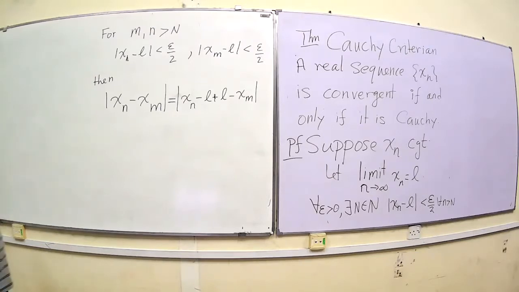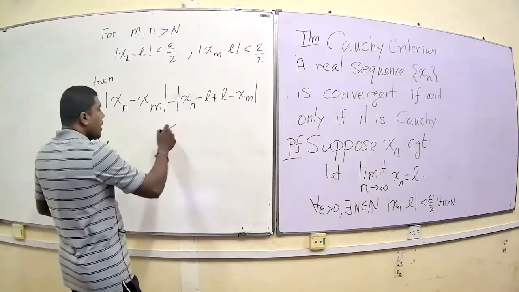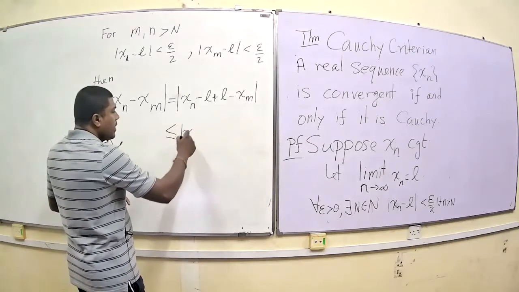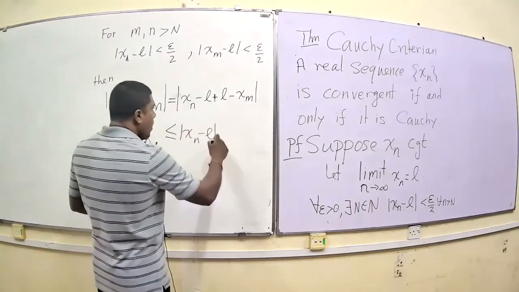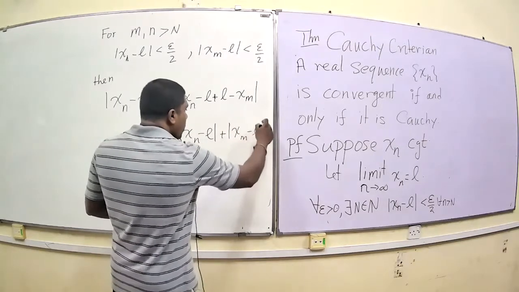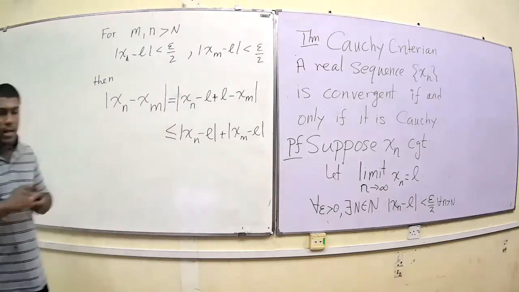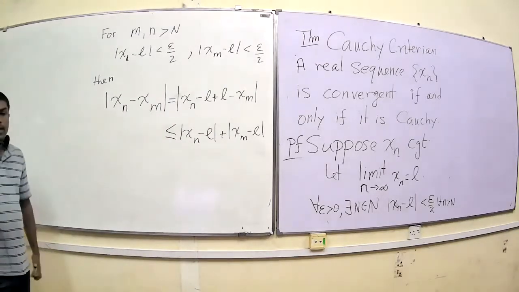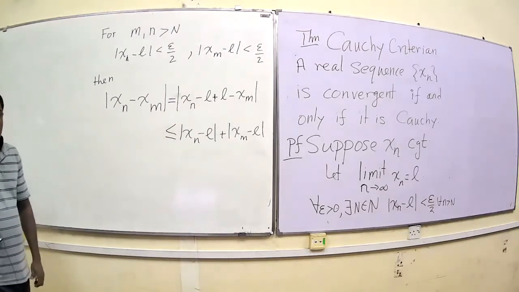So again you apply the triangle inequality. The triangle inequality says this is less than or equal to |xn minus L| plus |xm minus L|. You can take a minus out and it becomes plus. And so this is the triangle inequality.